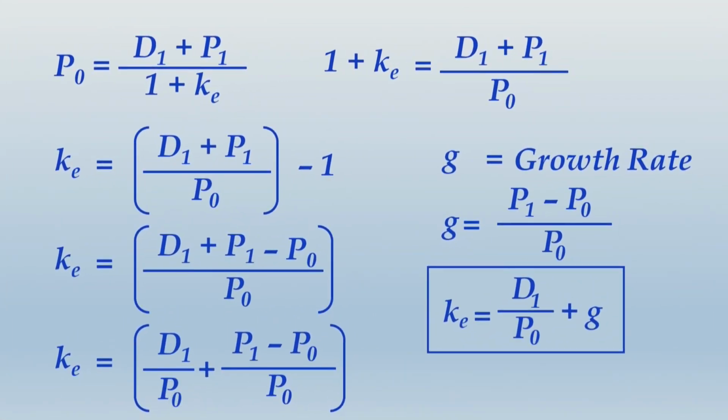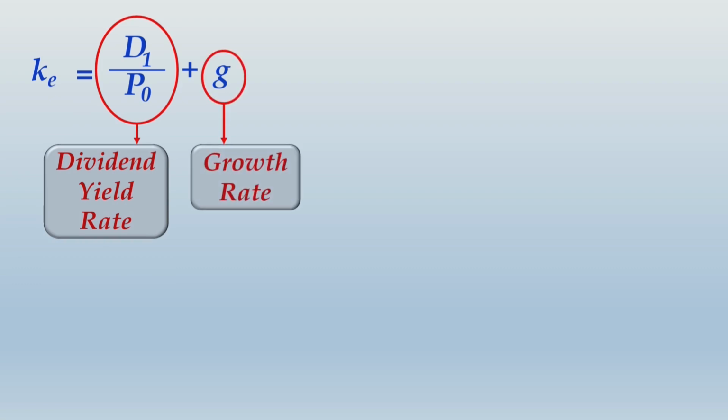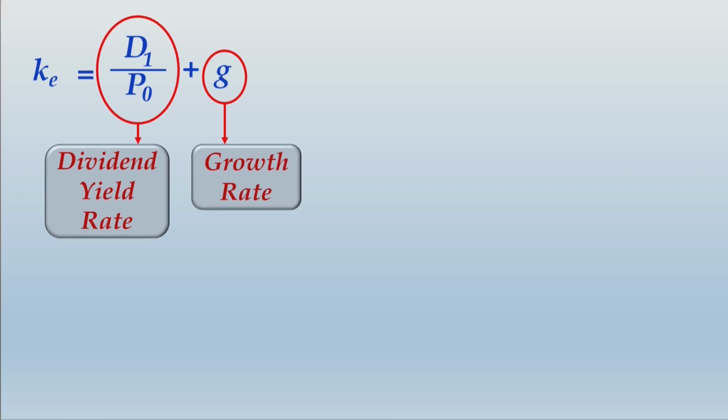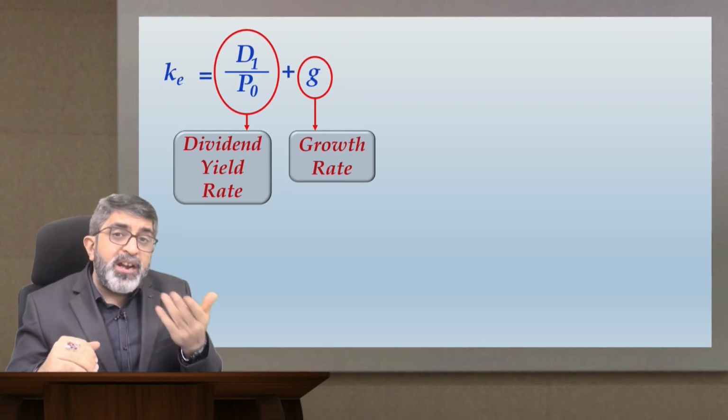Alright friends, once you have completed writing this whole thing, let us move ahead and rewrite that equation: KE equals D1 by P0 plus G. Now D1 by P0 is referred to as the dividend yield rate and G is the growth rate. Please try to understand one very important aspect. Why is D1 by P0 called the dividend yield rate?